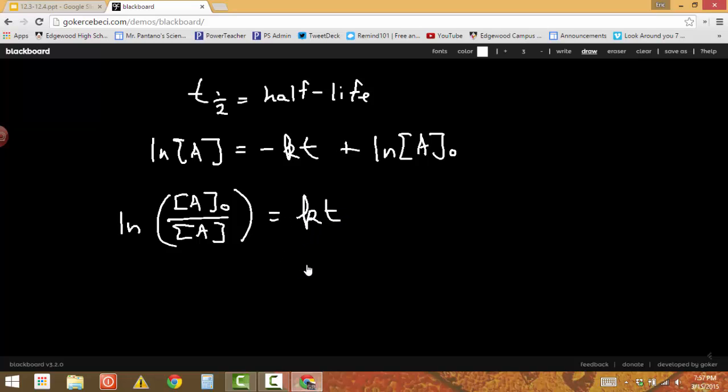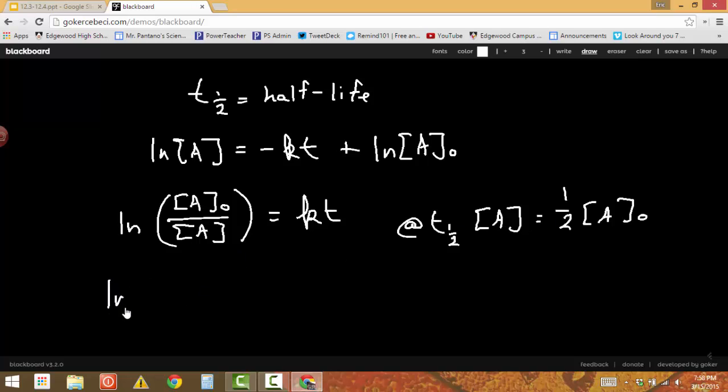Okay, if I understand that at the half-life, at t1/2, the concentration of A is equal to half of the concentration of A naught. That's the definition of half-life. The concentration is half of what it was when you started. Okay? I can plug in then this expression, half A naught for A in here.